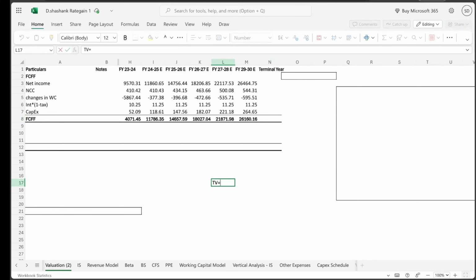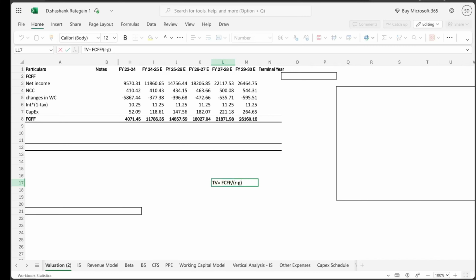For the perpetuity growth method, the formula goes like this: terminal value is equal to free cash flows in the latest forecasted period, which in this example is FY 29-30, divided by R minus G, R being the discounting factor and G being growth.